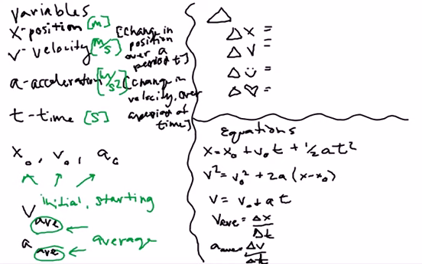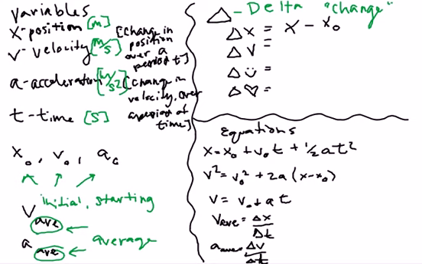Alright, so now we're going to go up to this upper right hand corner where we have the Greek letter delta. So delta stands for change. So for example, if we wanted to talk about change in x, we would have the final x, subtract the initial x, or x naught.